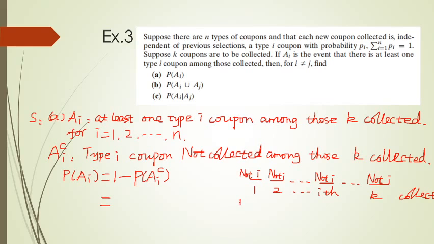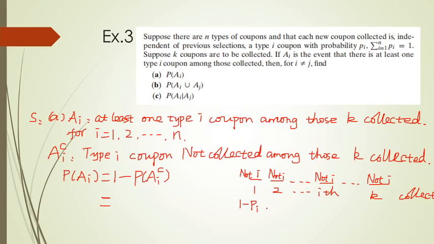Of course, it's the probability 1 minus pi, right? Which means you choose the other n minus 1. The probability you choose the other n minus 1 coupons is 1 minus pi, or you can write the summation of the other n minus 1 probabilities, which is the same as 1 minus pi.